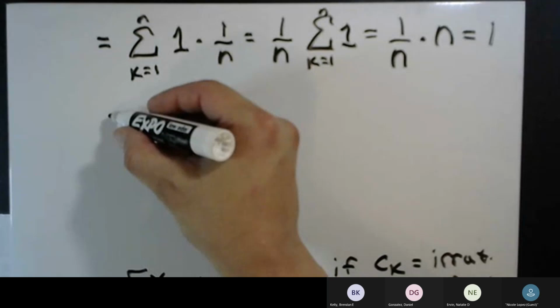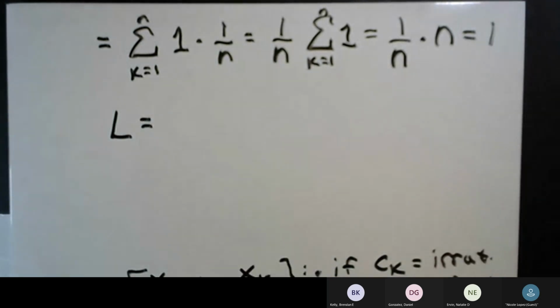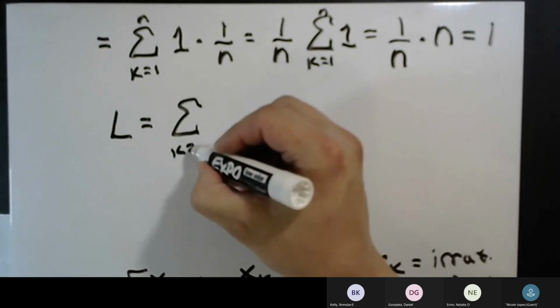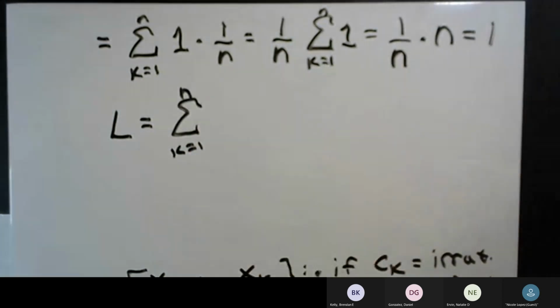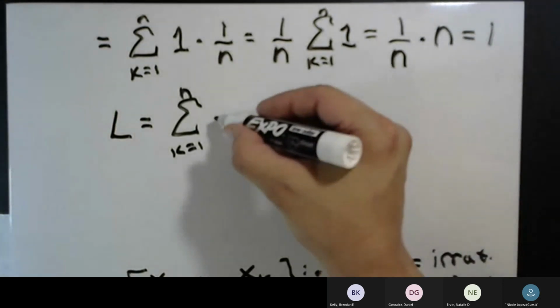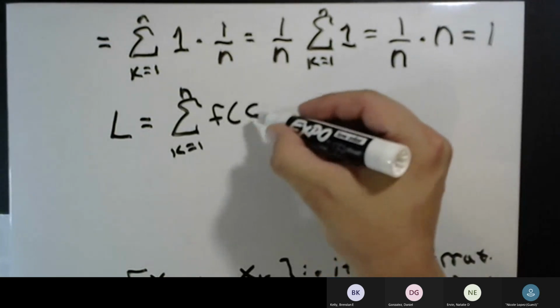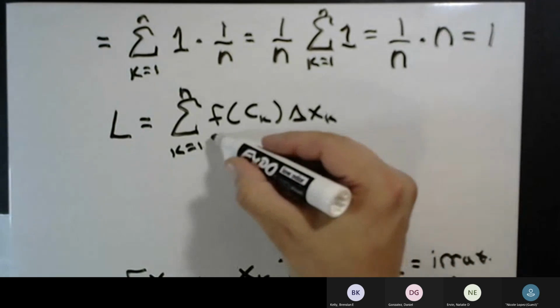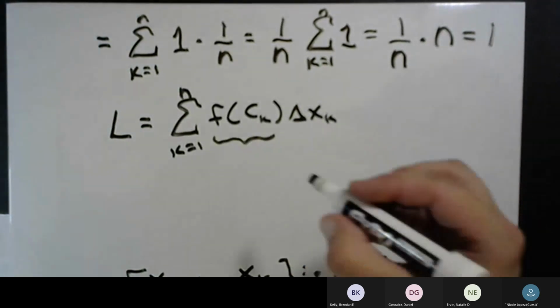Now for a lower sum. For this one, this one's going to be 0.